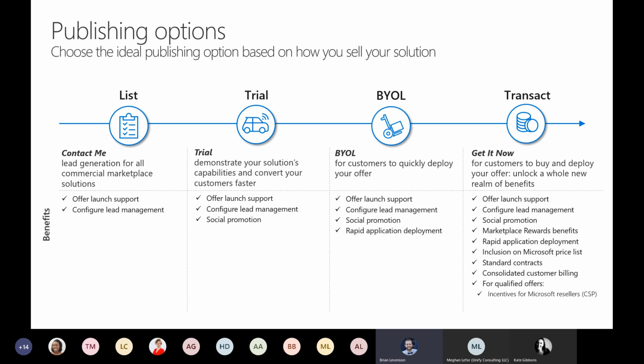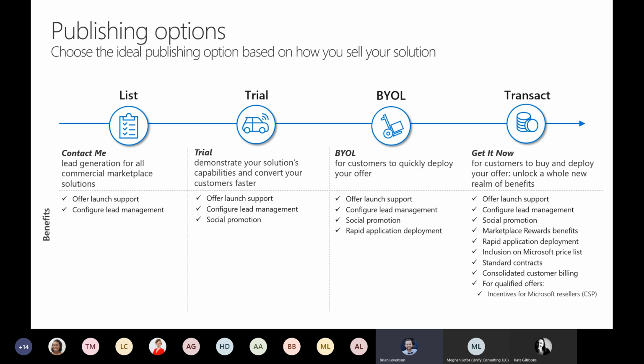One thing that I do want to really emphasize is that although the billing relationship and the purchase contract is with Microsoft, our commercial marketplace operates on an agency model, which means that you as the publisher, the partner who owns the product and is providing the product, you define the price and you define the terms of use. In fact, the terms and conditions is an agreement between the customer and you, and the price is defined by you.